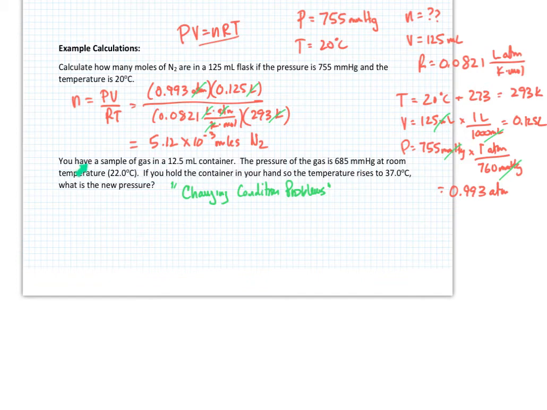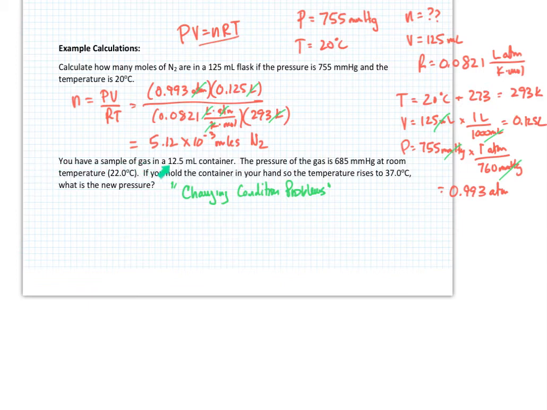So if you take a look at this wording, you'll see what type of problems I'm talking about. You have a sample of gas in a 12.5 milliliter container. The pressure of the gas is 785 millimeters of mercury at room temperature, 22 degrees C. If you hold the container in your hand so the temperature rises to 37 degrees C, what is the new pressure?